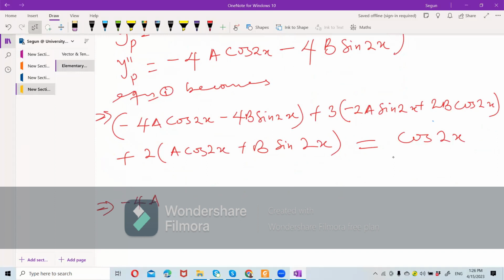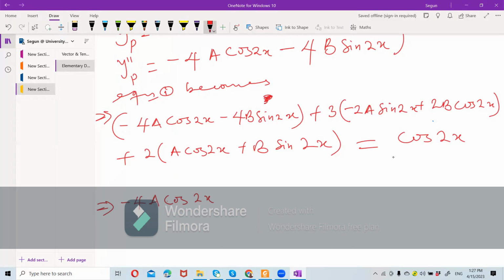Look at it: minus 4a cos 2x. If I want to do it now, take all the cos out. Just watch me. Do we see how many cos terms here? No more a here.